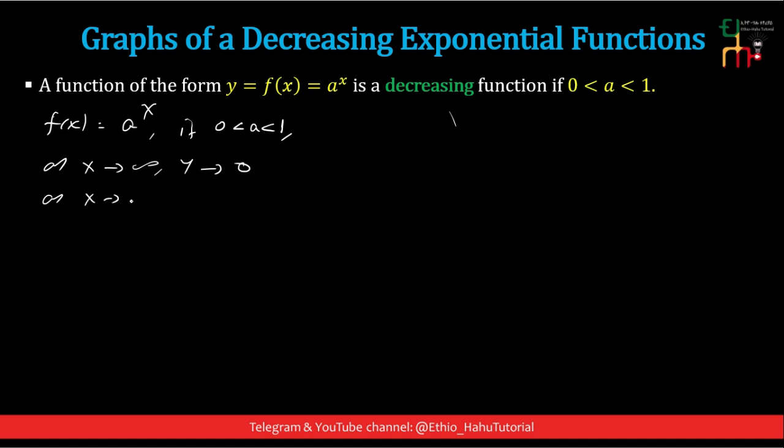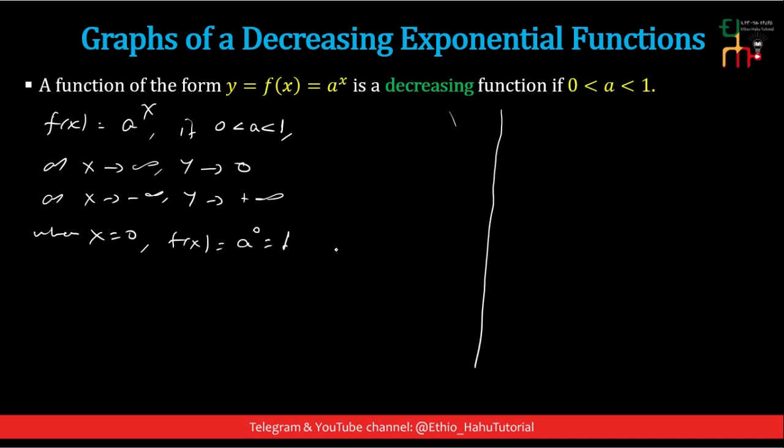As x approaches negative infinity, y approaches positive infinity. When x is equal to 0, f of x is equal to a to the power of 0, which is equal to 1. Having this, let's draw the graph.